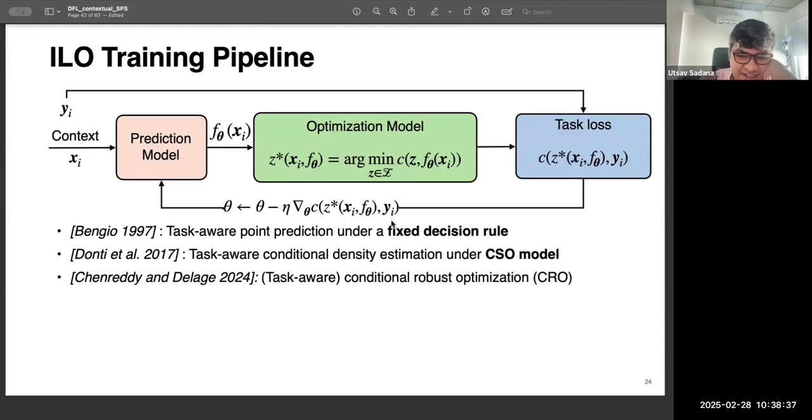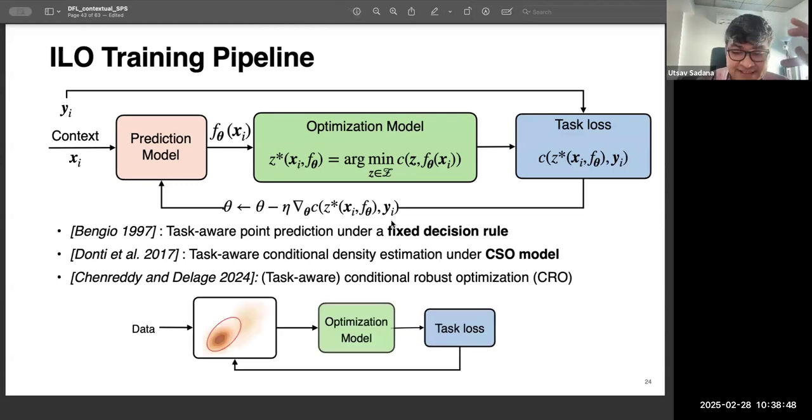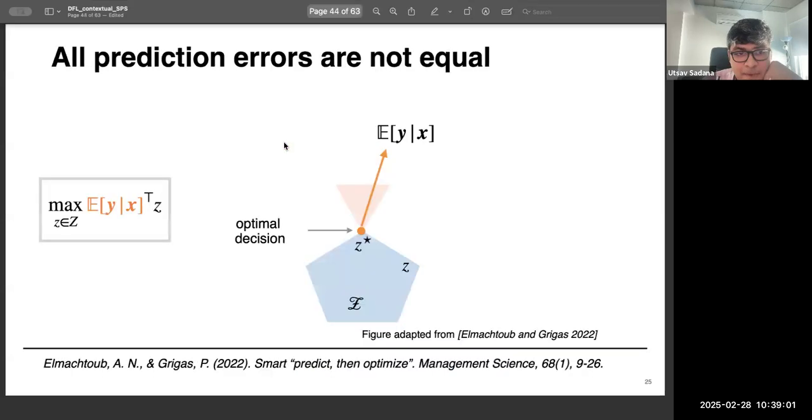And very recently, Shen, Reddy and Delage learned task-aware uncertainty sets by modifying this task loss and this training pipeline that you are seeing here. And they learn these uncertainty sets based on the actual decision quality.